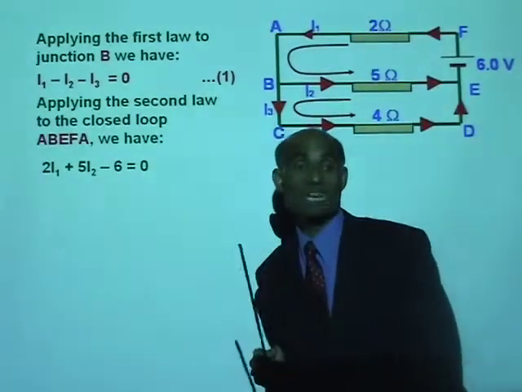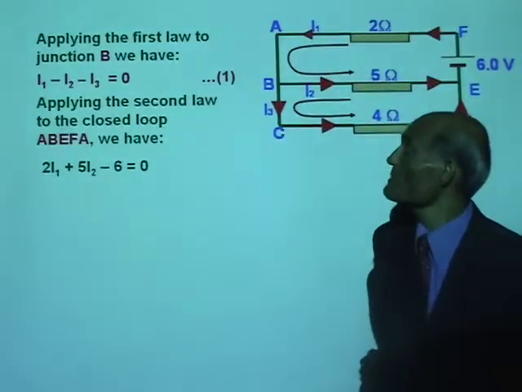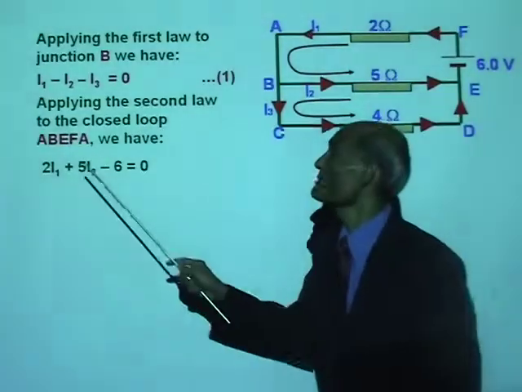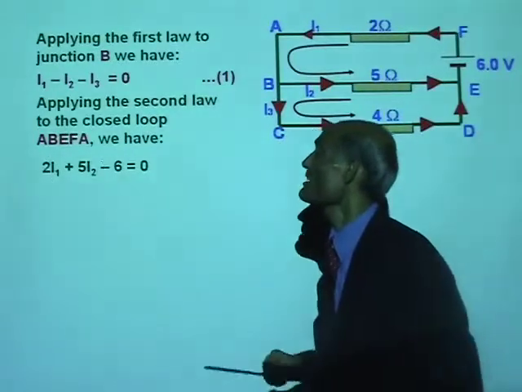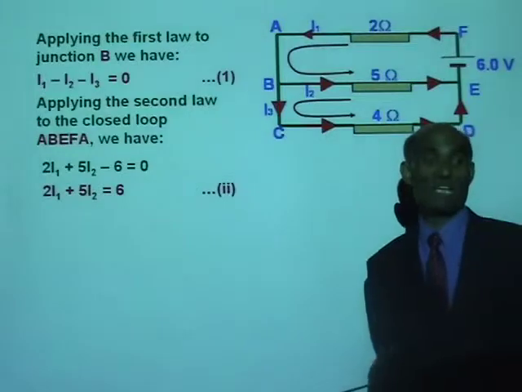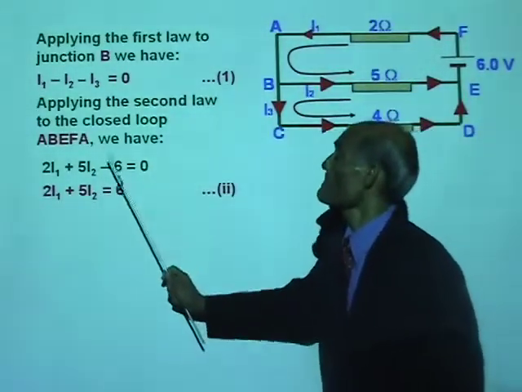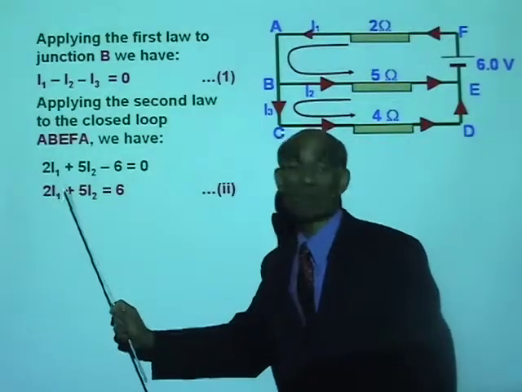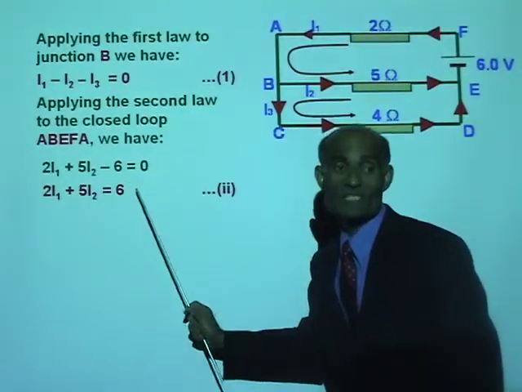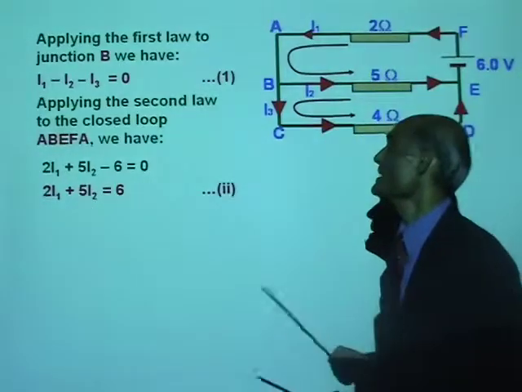So applying the second law to the closed loop ABEFA gives me 2I1 plus 5I2 minus 6 equals 0, and that is our equation 2. Look at the way I'm writing it: I'm leaving the variables on one side, taking the constant to the other. I get 2I1 plus 5I2 equals 6.